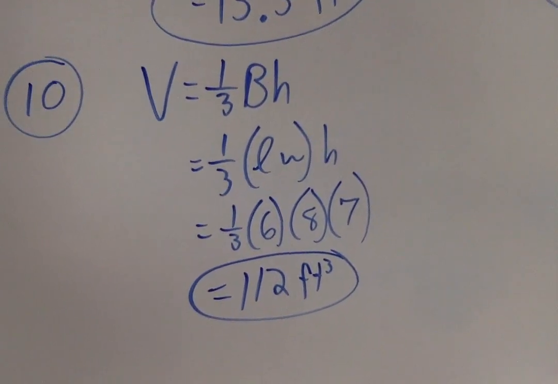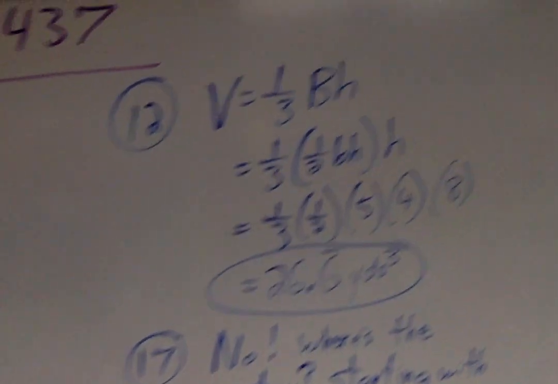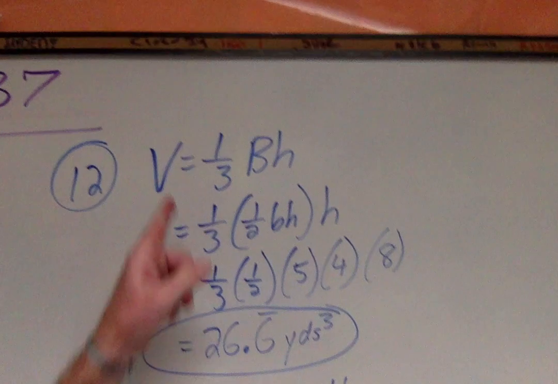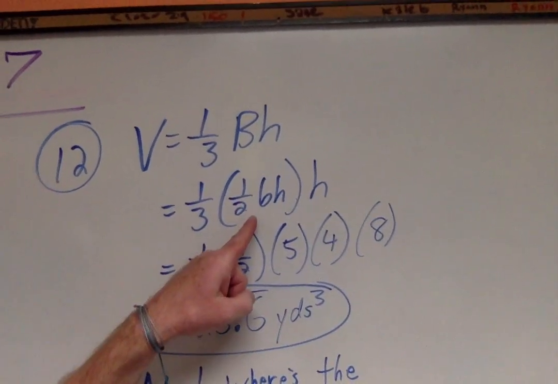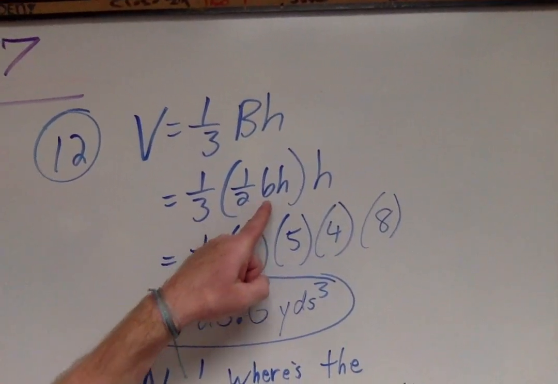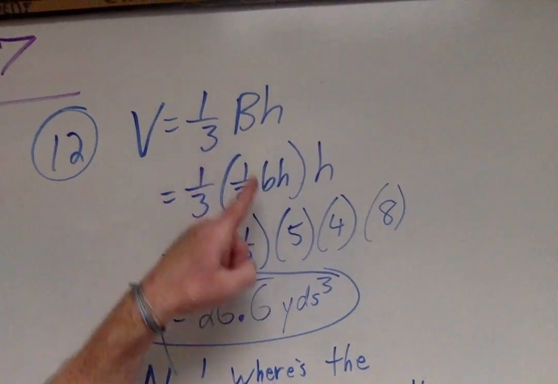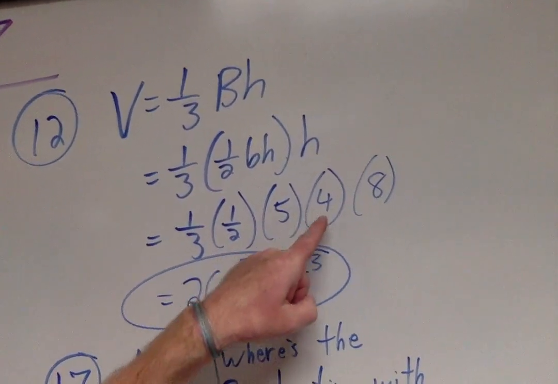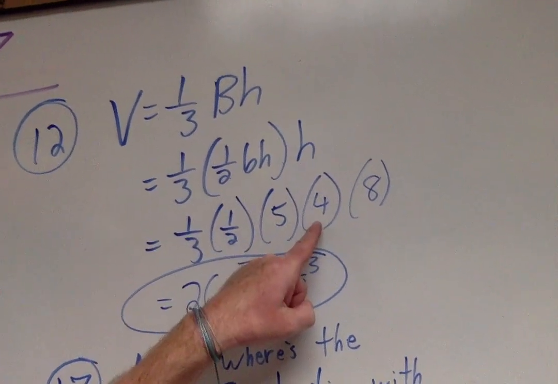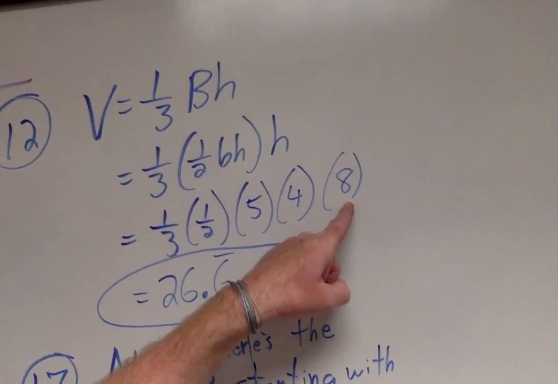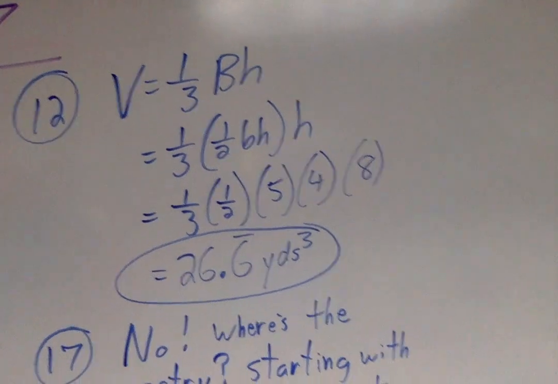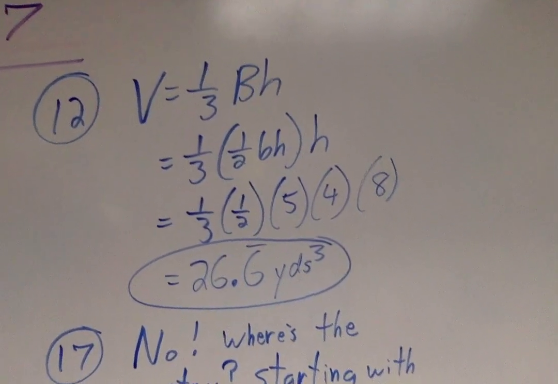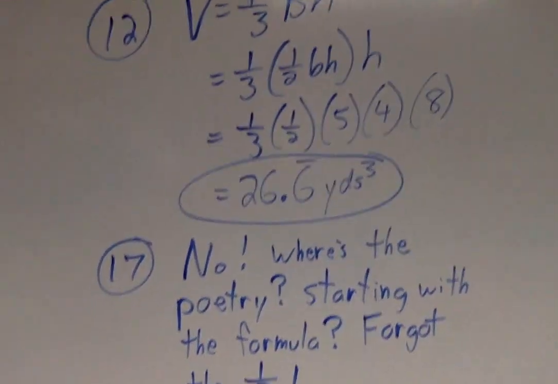I got 112 feet cubed. Number 12. Same formula. Oh, this time is a little trickier. Looks like we had the area of a triangle here. The base must have been a triangle. 1/2 the base times the height. 1/2 the 5 times the 4, the height of the triangle, times the height of that pyramid, all divided by 3. And I got 26 2/3, or 26.6 repeating yards cubed.